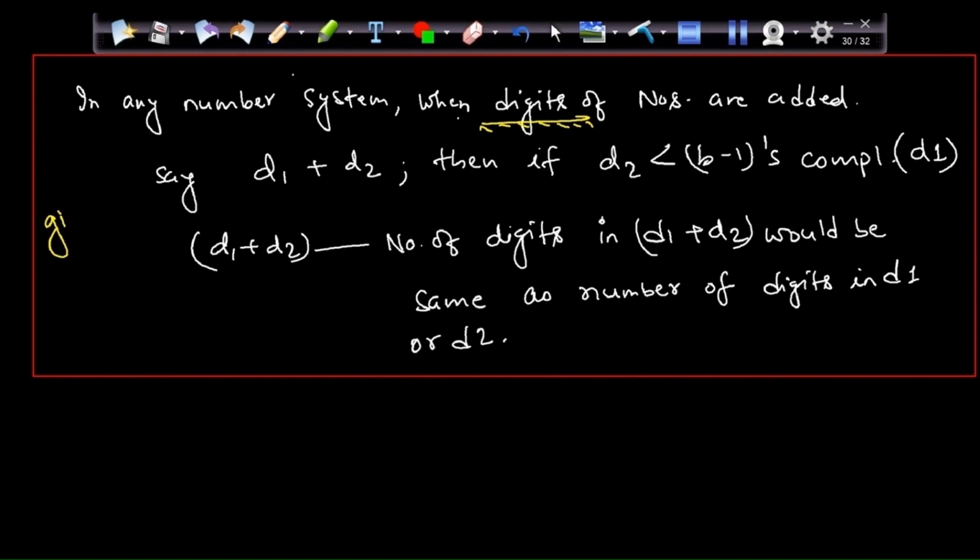So you can extend this: when digits of numbers are added, in place of digits you can write digits or numbers. Digits or numbers are added, say d1 plus d2. The number of digits in d1 plus d2.